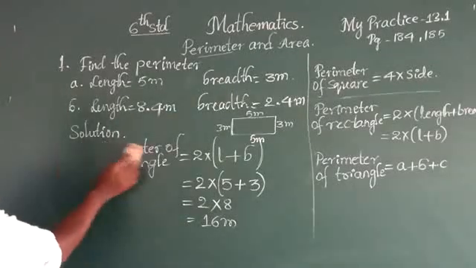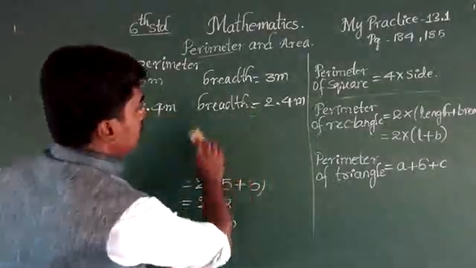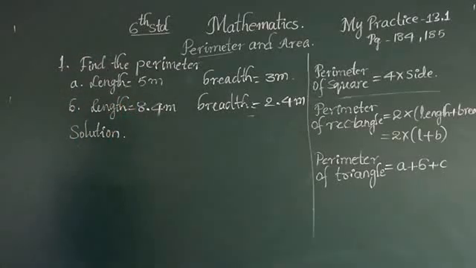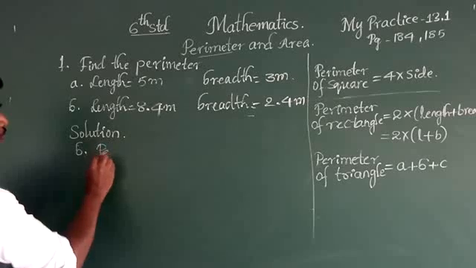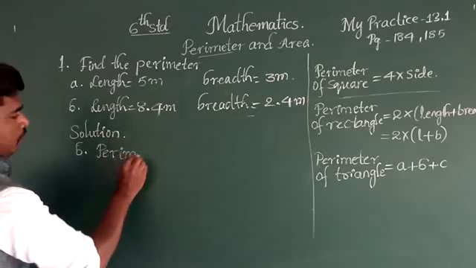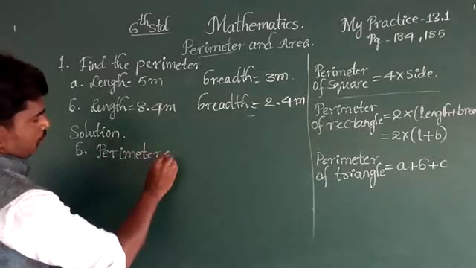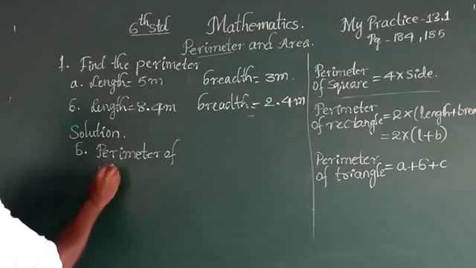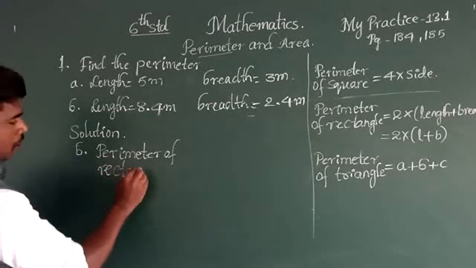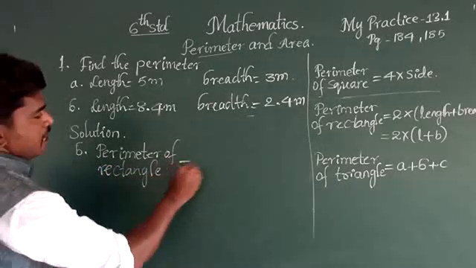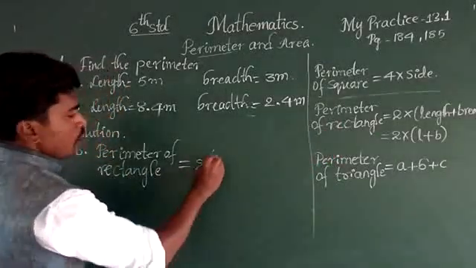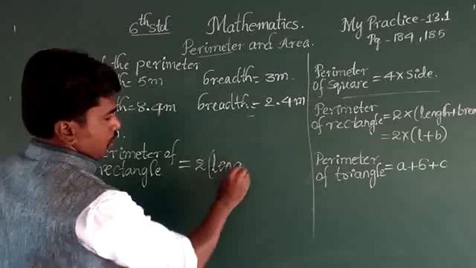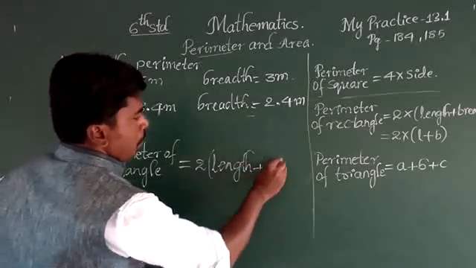So the next is B. Perimeter of rectangle is equal to, what is the perimeter of rectangle? 2 into length plus breadth.